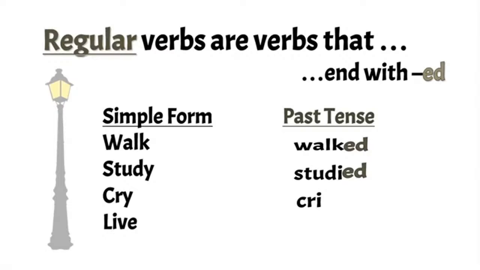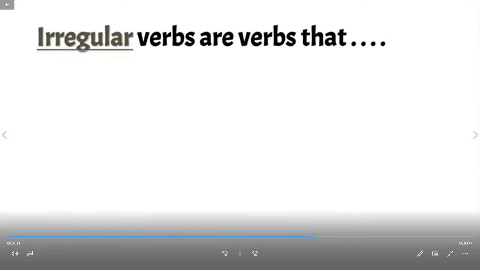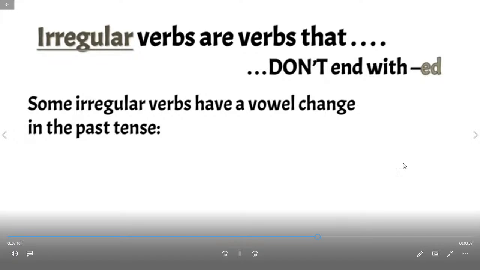Cry, again, y changes to i, ed. And live, we just add the d: lived. Irregular verbs are verbs that don't end with ed. Some irregular verbs have a vowel change in the past tense.